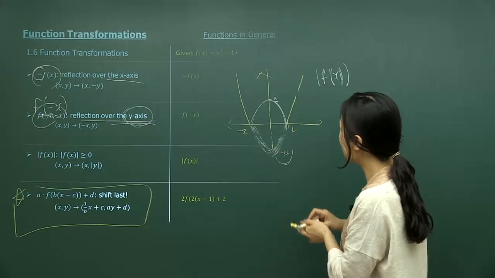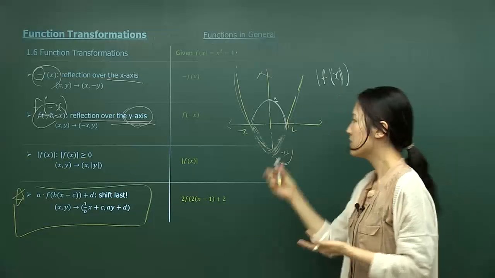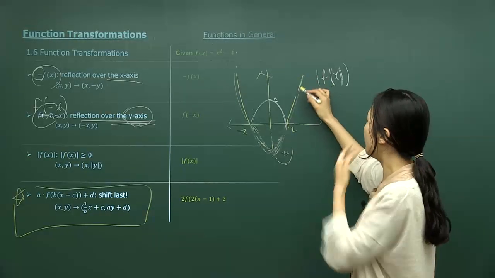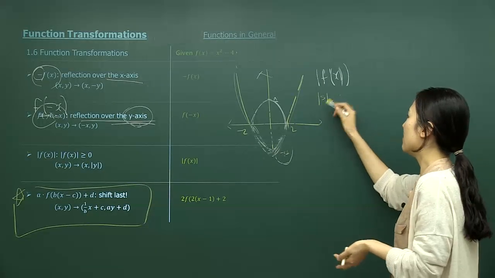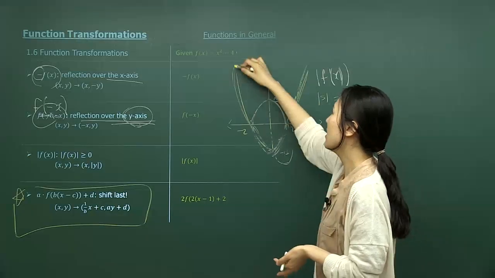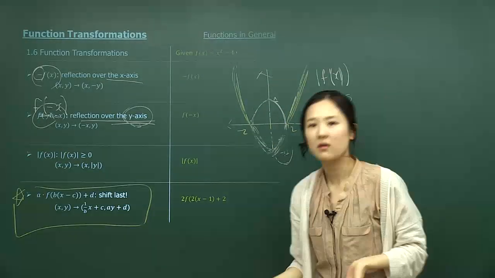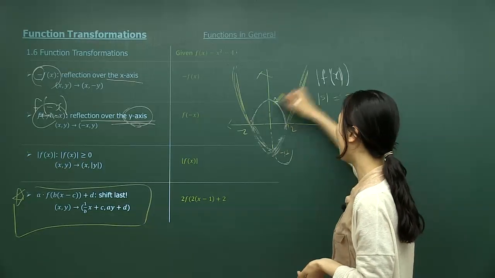But what about the remaining part? What about these parts? Aren't they positive? So, like say, if there is a y value of 5, isn't absolute value of 5 still 5? So for positive y values, they still stay where they are, or where they were. So nothing really changes for the positive part.